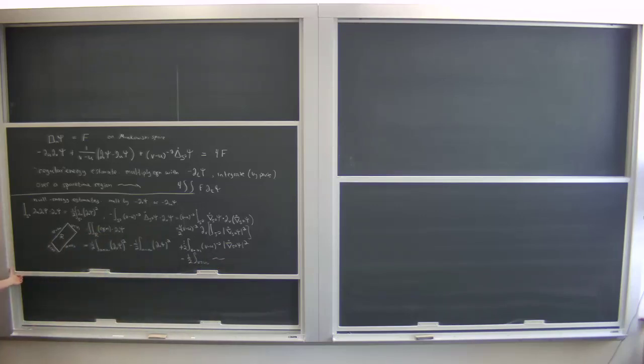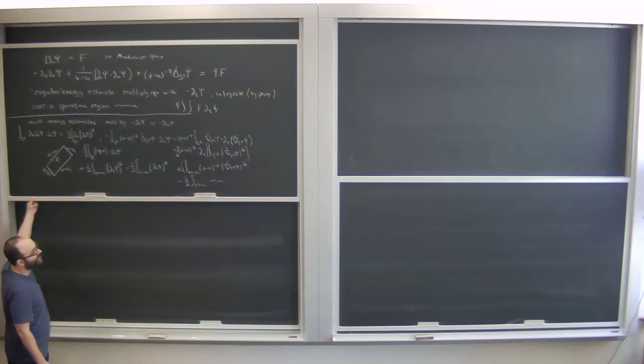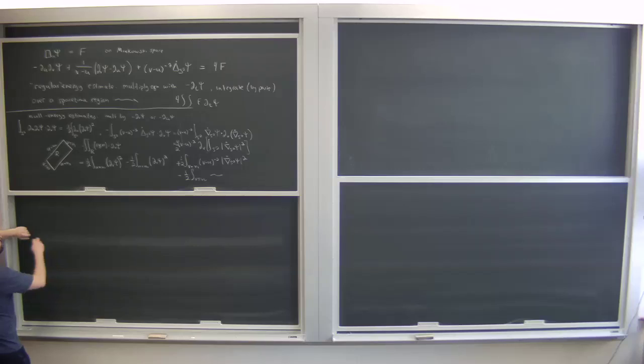Again, this is consistent with what I said about null. The angular derivatives are tangent to either constant v or constant u, because those are derivatives on the sphere. All right, so that's all the main boundary terms I want.